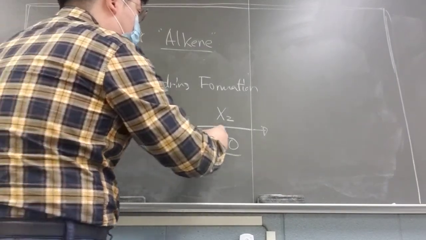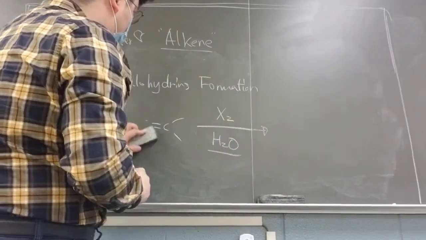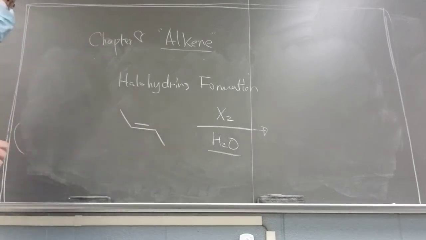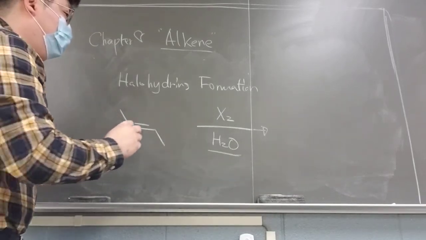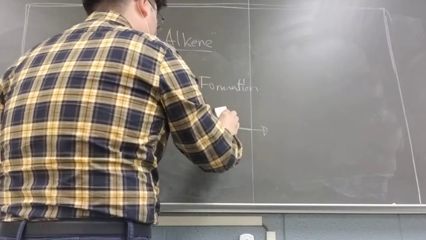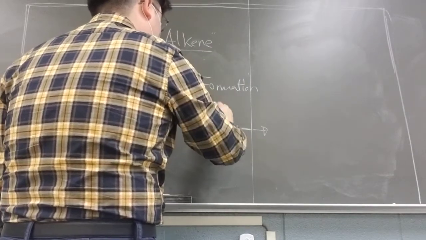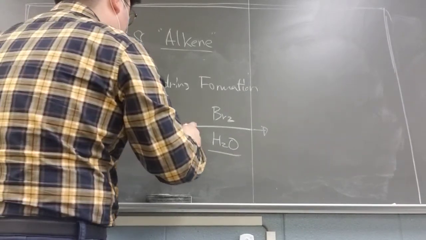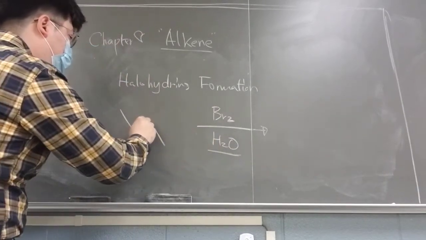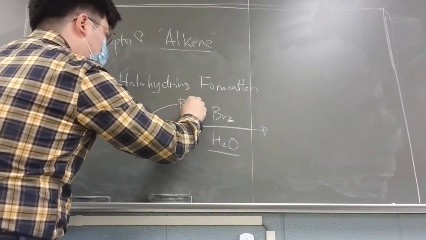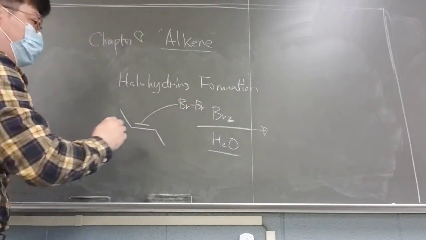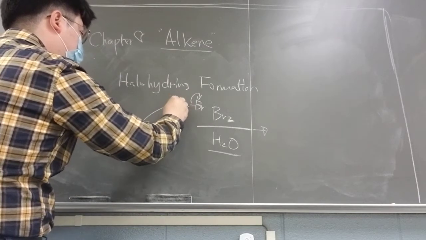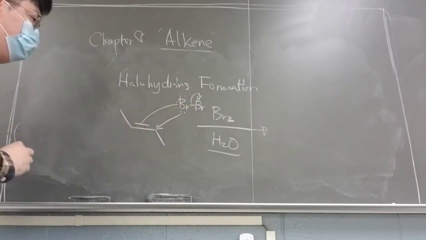So what happens here is, for example, if you have this trans-2-butene over here, maybe you can switch this one to, once again, bromine and the water here. Okay. So what happens to this one here is they grab also one of the bromine in the molecule, and then they're actually going to form the bromonium ion again.